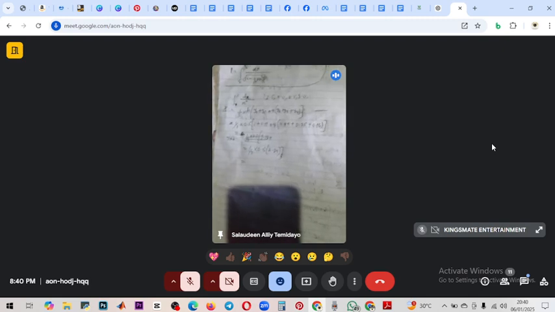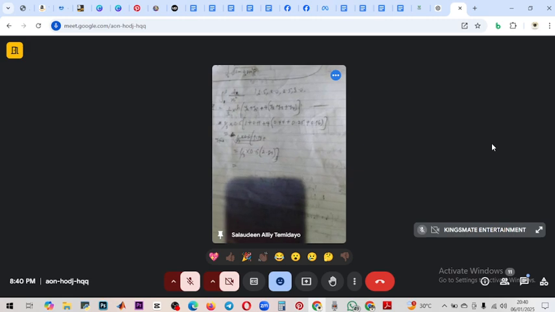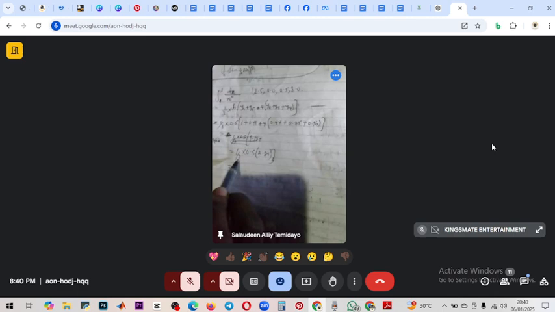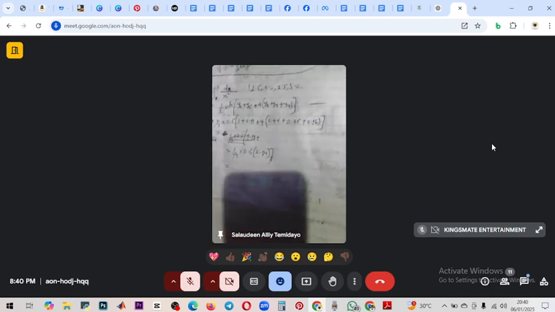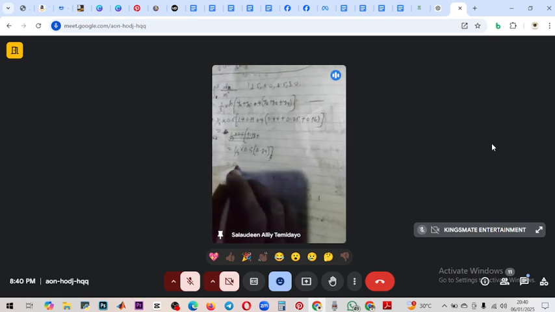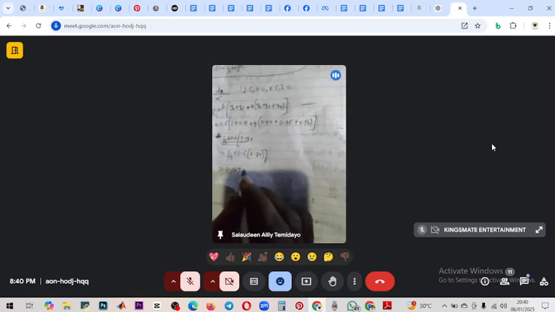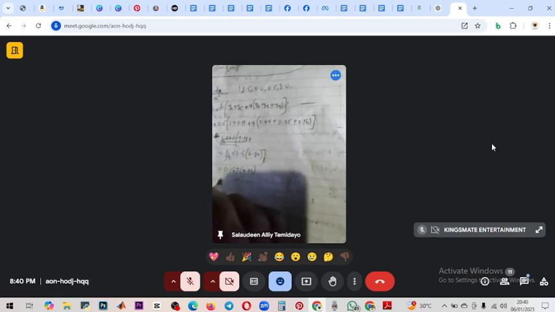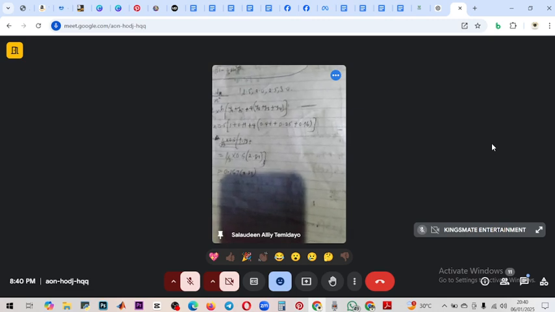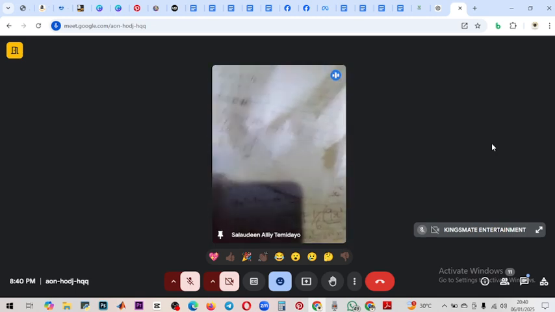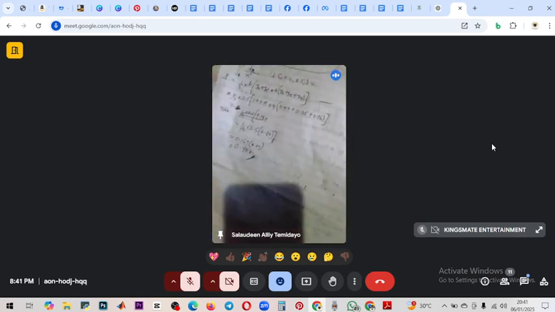Somebody should just do that for us now. 0.5 divided by 3 is 0.167. Then 0.167 times 2.81 is 0.468. In this one, we have 0.562. In this one, we have 0.468.